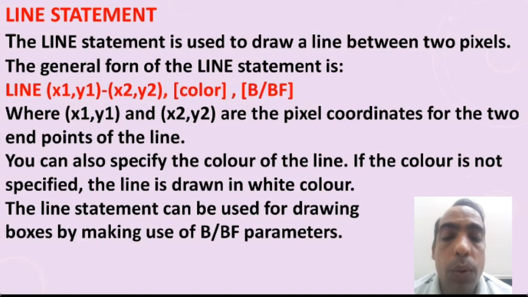Now I will explain these terms, where x1 y1 and x2 y2 are the pixel coordinates for two endpoints of the line. You can also specify the color of the line. If the color is not specified, the line is drawn in white color. The line statement can also be used for drawing boxes by making use of the B or BF parameter.